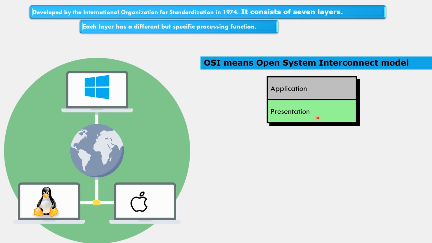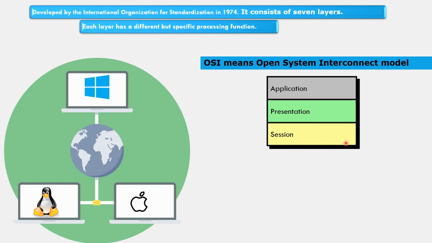Presentation layer is controlling things like our JPEG images. If you are opening a browser, that browser contains JPEG images, video records, MP3, MP4. That kind of function is taken care of by the presentation layer.